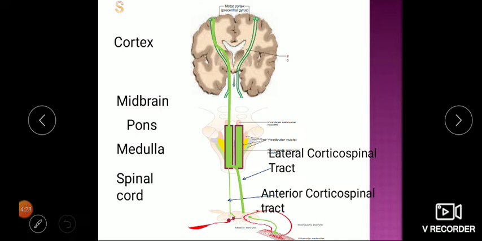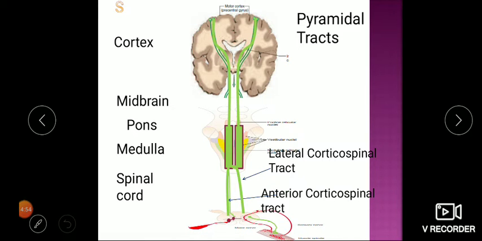The 20% going anteriorly are called the anterior corticospinal tract, and as they form the pyramid, they are called the pyramidal tracts, also called the direct pathway. As they go from the cortex to the spinal cord, they are called the corticospinal tract. Some go laterally, called the lateral corticospinal tract, and 20% go anteriorly, called the anterior corticospinal tract.